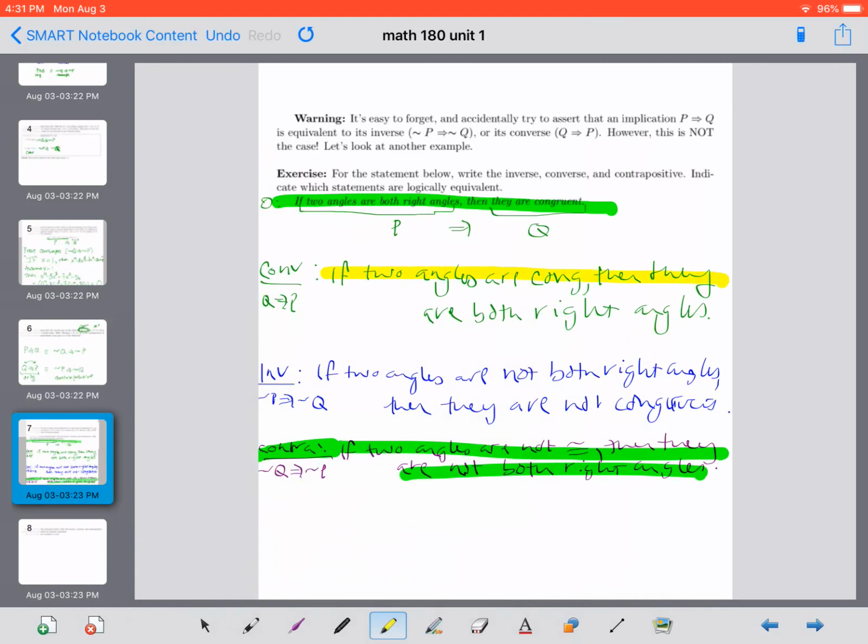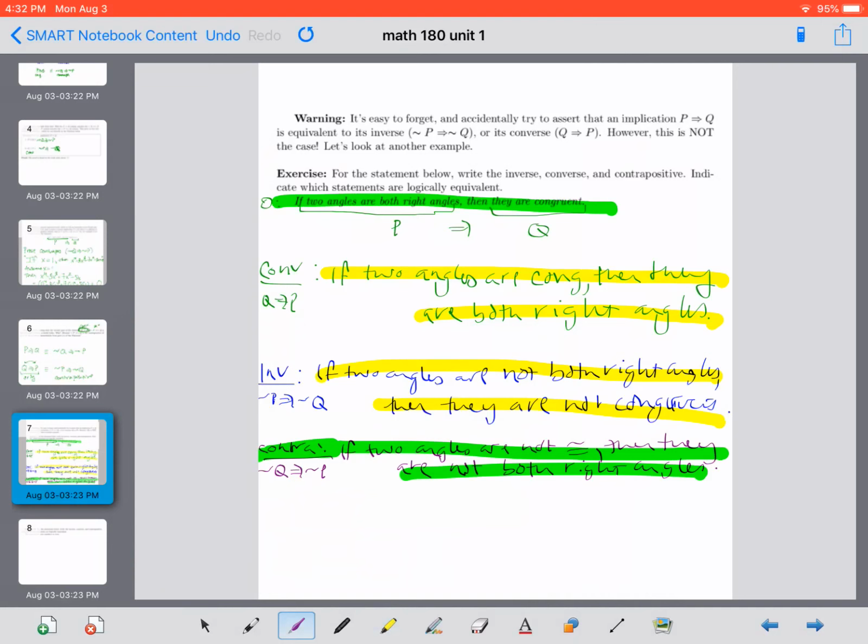That means whatever truth value the converse has, the inverse has that same truth value, and vice versa. And whatever truth value our original statement has, the contrapositive has the same truth value and vice versa. So for the original statement, if two angles are both right angles, then they are congruent, this is true, right? To be congruent means you have the same measure.